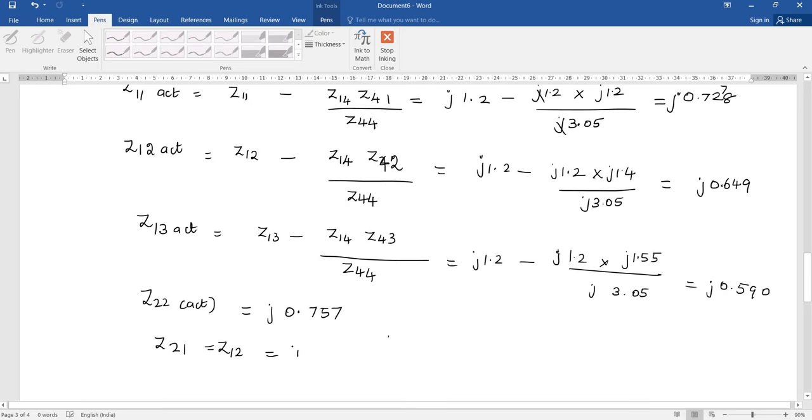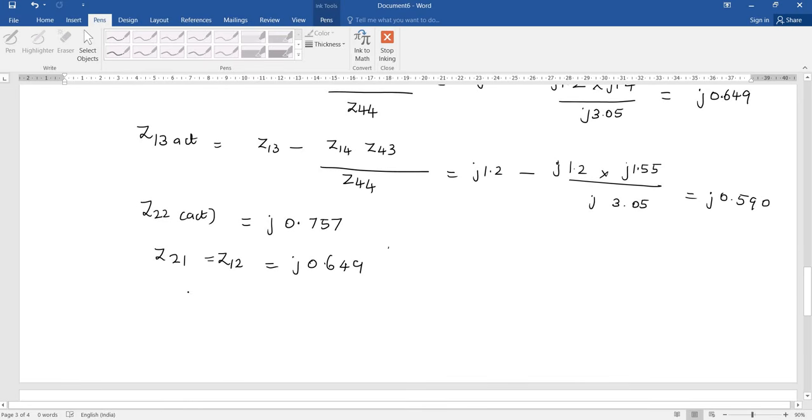Already we got the answer j0.649. And next Z23. So Z23 and Z32 are both the same. That is equal to j0.689.